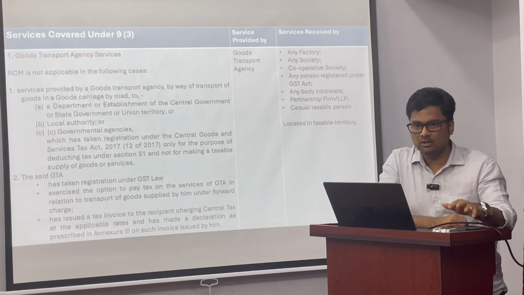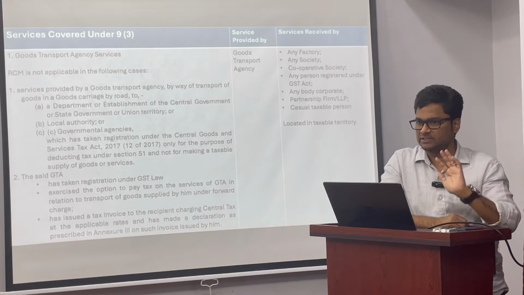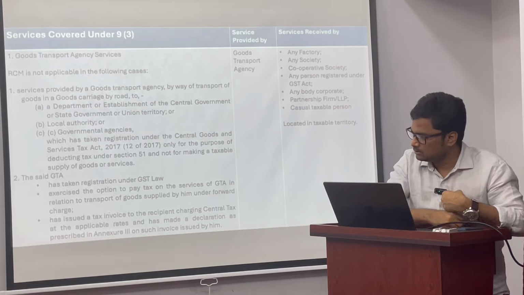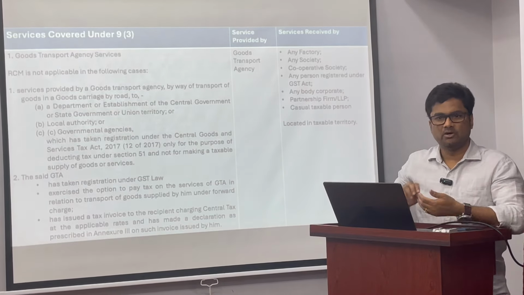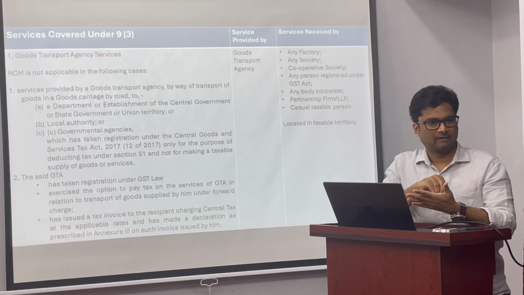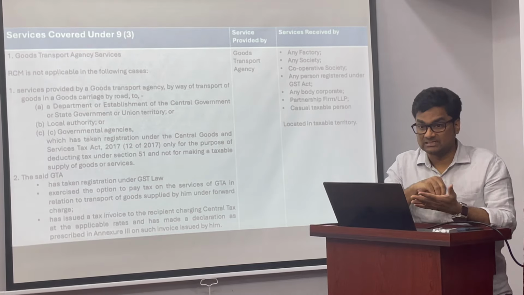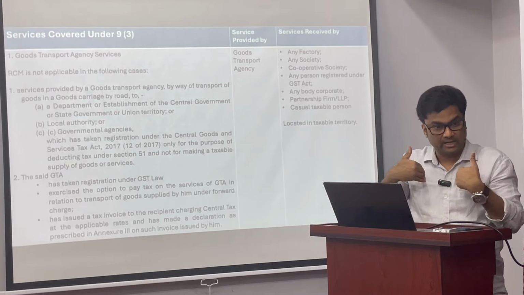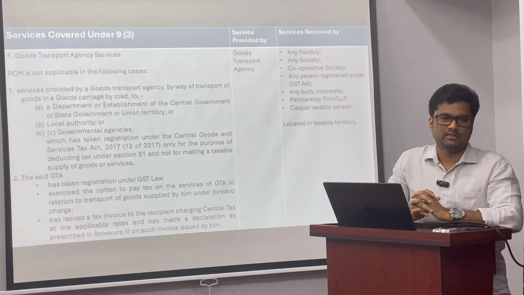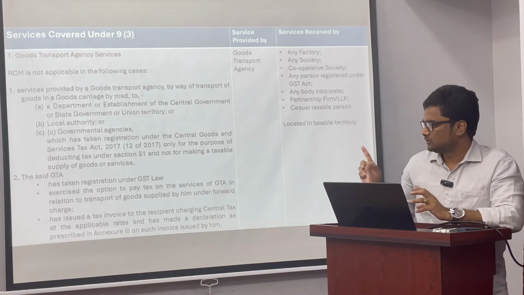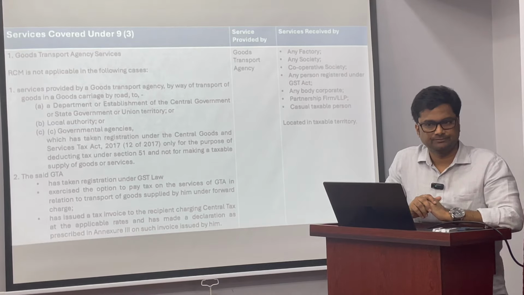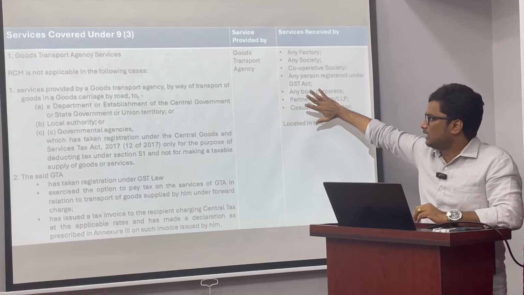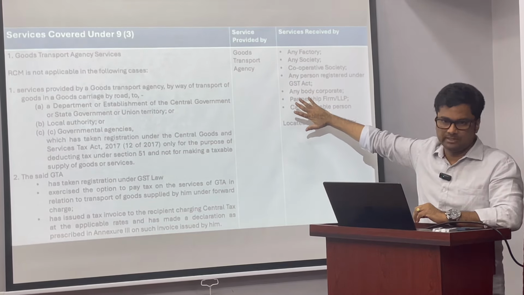But now you are coming and saying no RCM, it is FCM. Then how do I know? Give a declaration. Boss, I am registered with the GST department and I have exercised the option to pay tax under forward charge mechanism. So you pay tax to me, I will pay to the government. You have to give a declaration. Then RCM is not applicable.